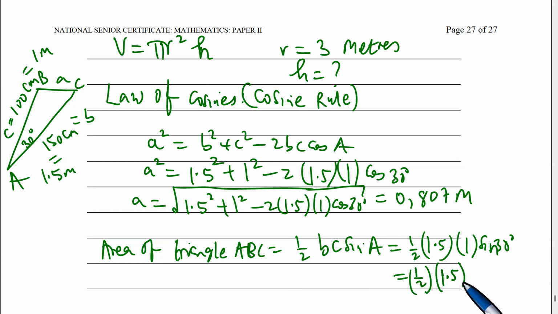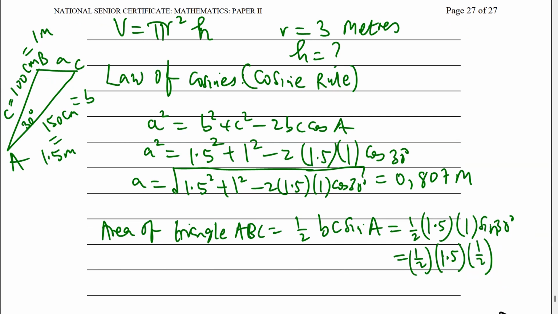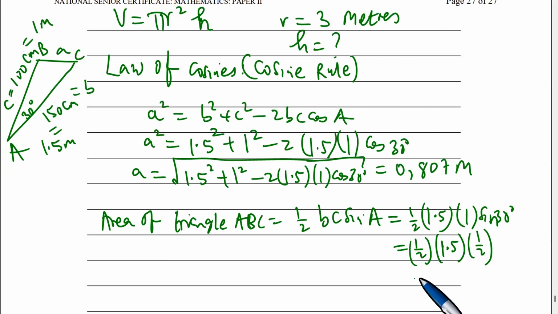Times 1.5 times this, which is 1/2. So this is 0.375 square meters.